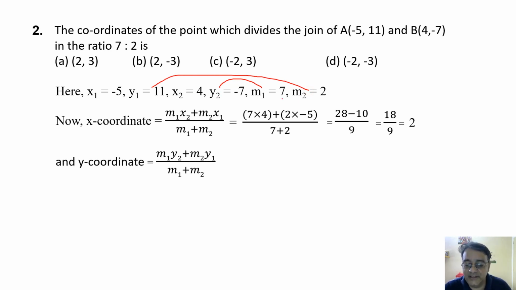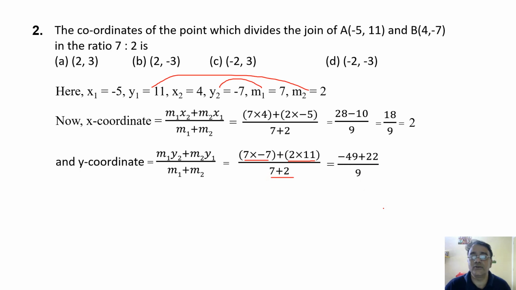So we'll get 7 into -7 plus 2 into 11 upon 7 plus 2. So this will become -49 plus 22 upon 9. So -49 plus 22 is -27 upon 9. So final answer? -3. So 2, -3.